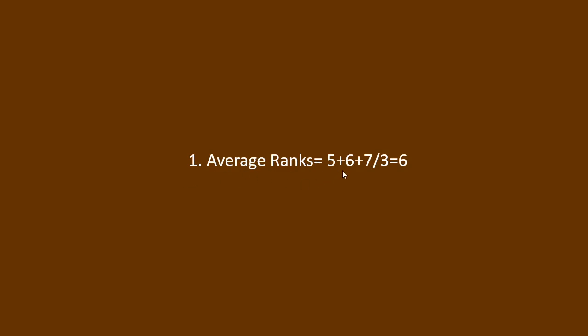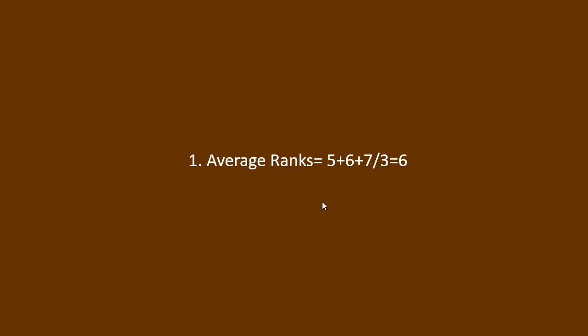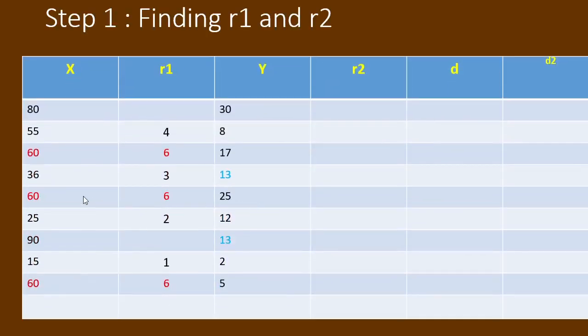So 5th, 6th and 7th. 5 plus 6 plus 7 divided by 3, it's 6. So for all the repeated numbers 60, 60 and 60, I give the rank of 6. Here again 6 and here again 6.